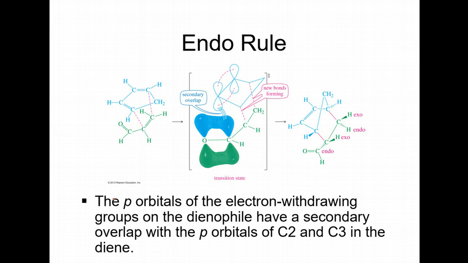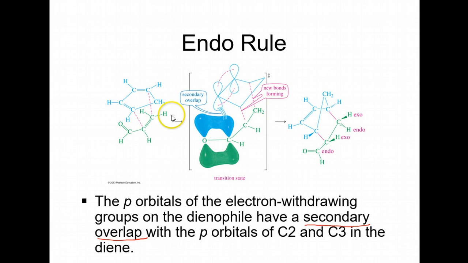Okay, so the endo rule, which gives rise to secondary overlap. This is what I was talking about. Secondary overlap. Okay, so the picture we saw was all the orbitals here, and I showed you that you have two groups here which are sticking out. This is my diene.